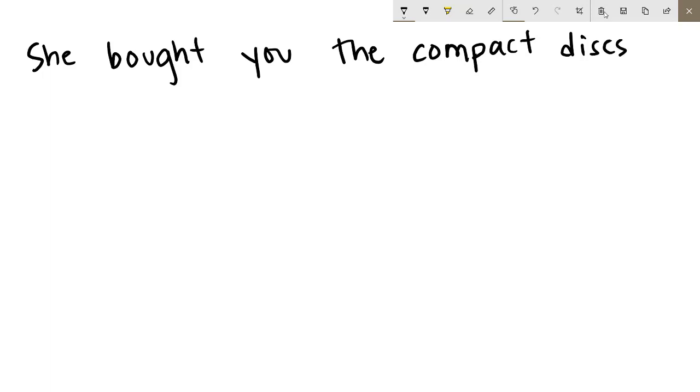I think it's discs, and I think that's how people write it. But people don't really use CDs anymore. You know, I'm a child of the 90s, so she bought you the compact discs.